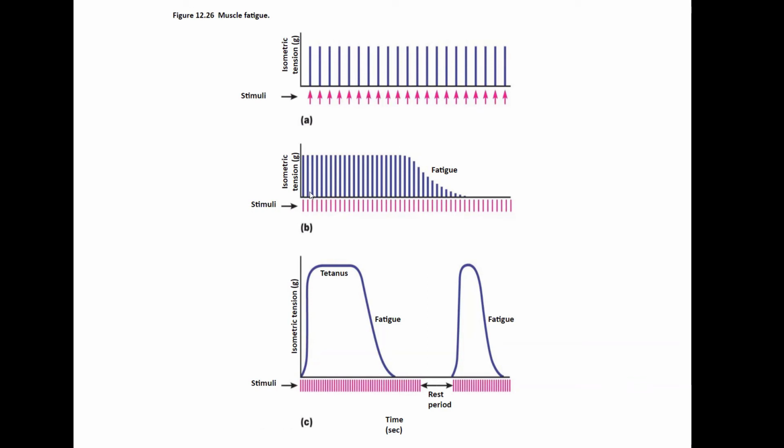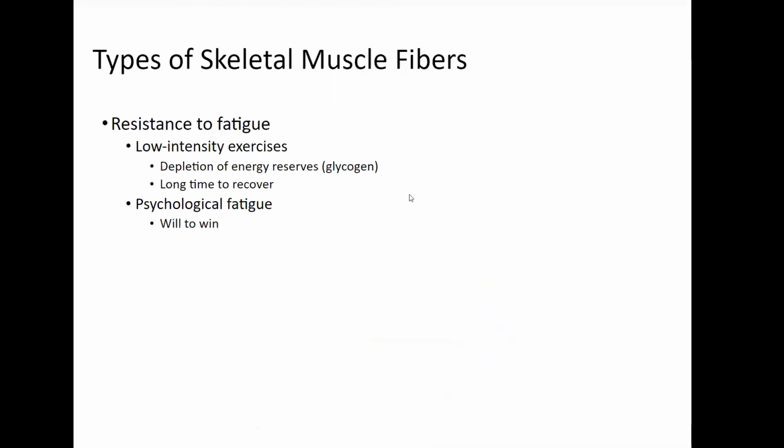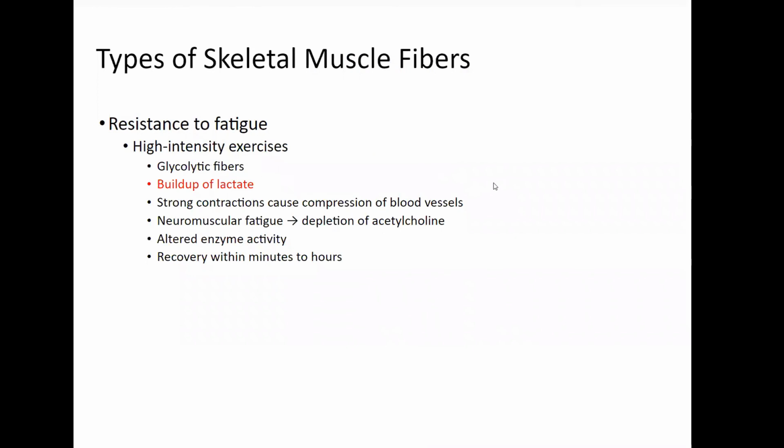As we start to send faster action potentials down our motor neuron, our stimuli are getting closer together. We produce tension for a while, but near the end, we start to fatigue. So we start to experience these things we're talking about here.